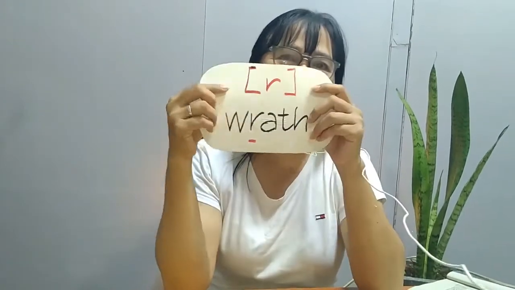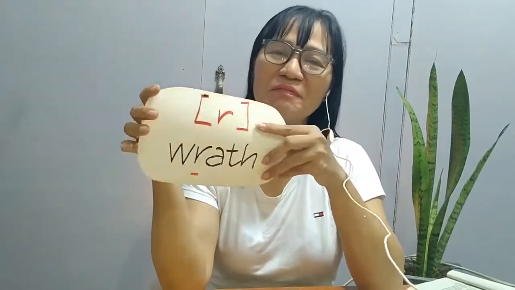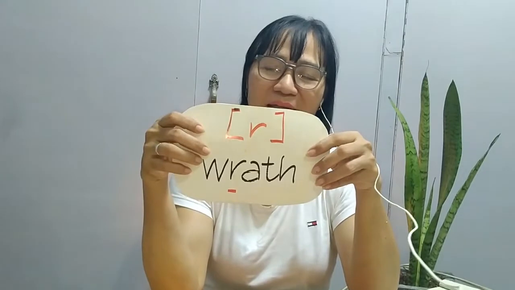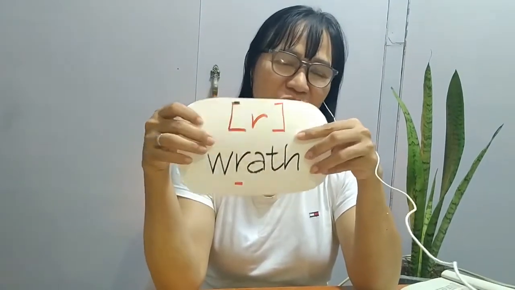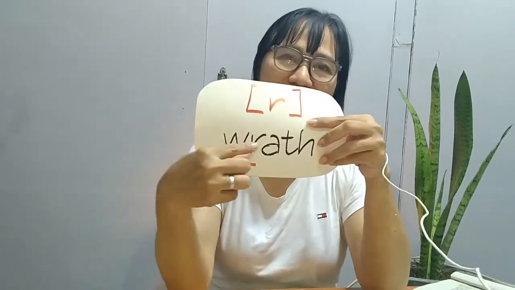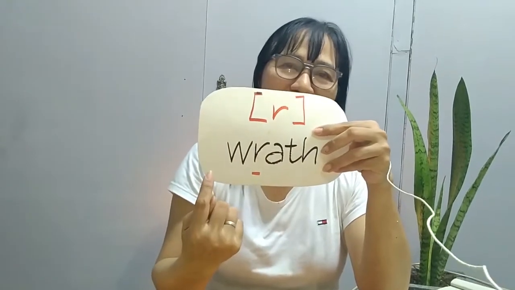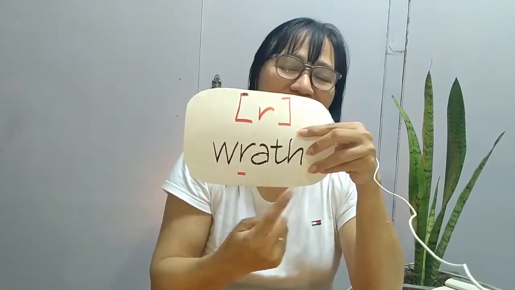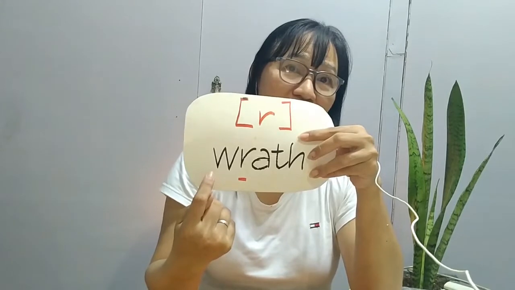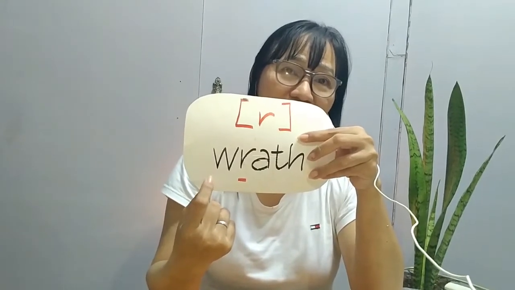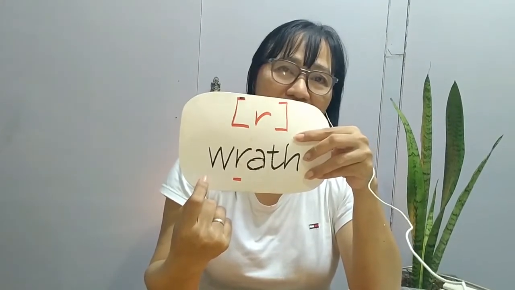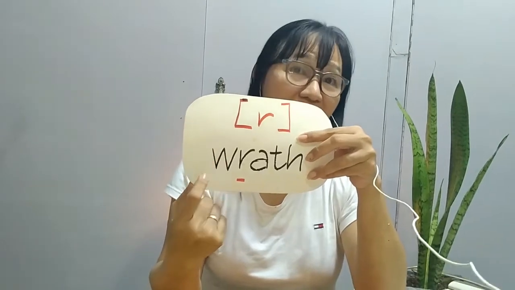Mention na. Okay, I'm talking of the 5th characteristic of the IPA. Silent letters are not transcribed. How do you read this word? This is wrath. Do you hear the sound of the W in the initial position? No. Okay? This is what we call a silent letter.